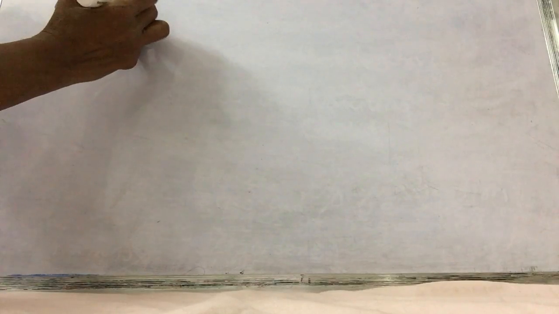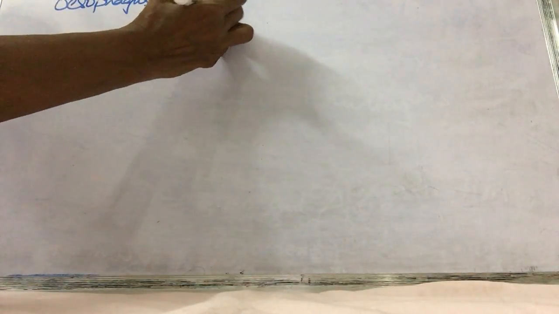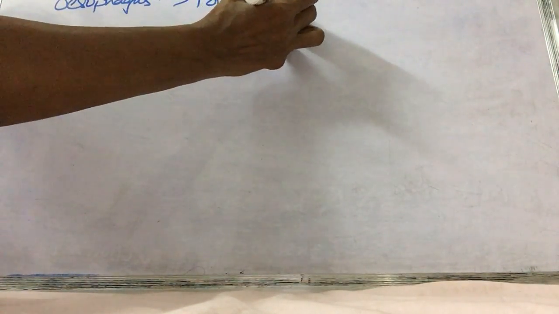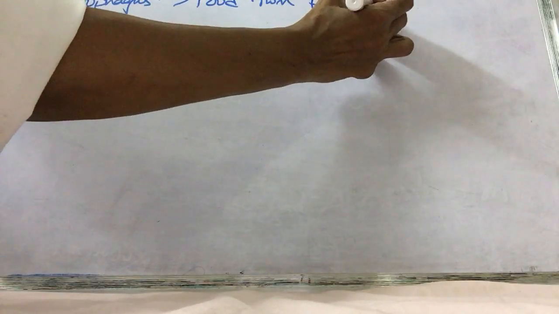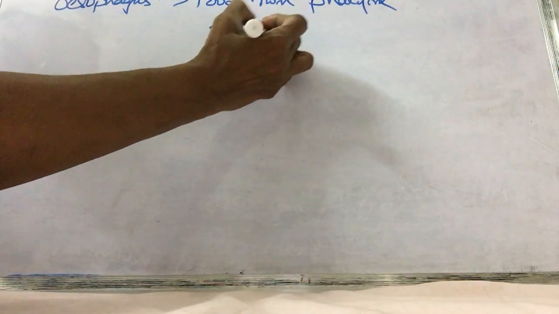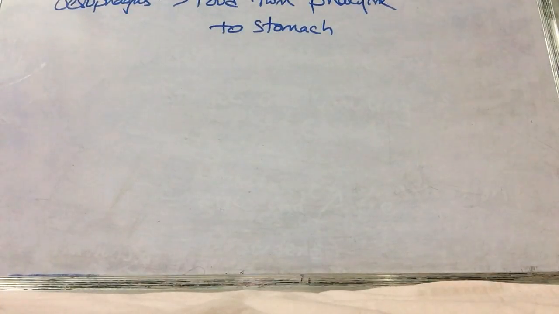Basically, esophagus serves as a conduit to transfer food from the pharynx to the stomach, and it is divided into three parts: upper esophageal sphincter, body of the esophagus, and lower esophageal sphincter.